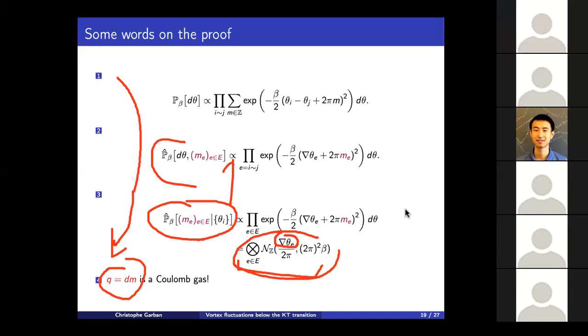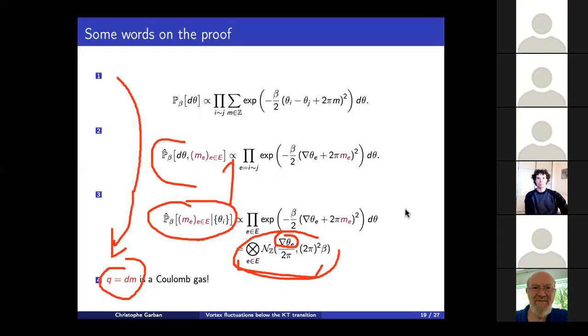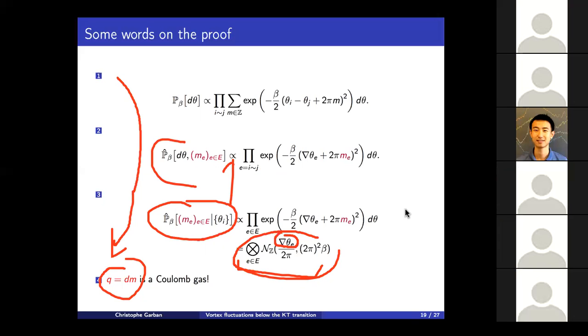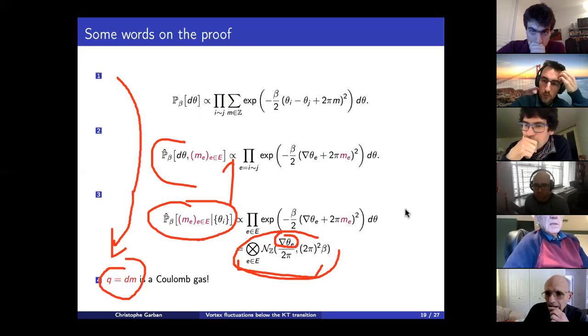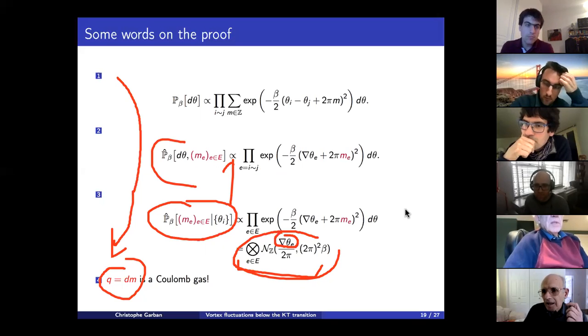So it's comparable maybe to the vortex pair in 2 dimensions. Yes, that's correct, that's the same thing. That's the analog. This was done by Guth actually in 1980. And we did some work after that, but yes, the analog is vortex loops for the XY model in 3 dimensions.